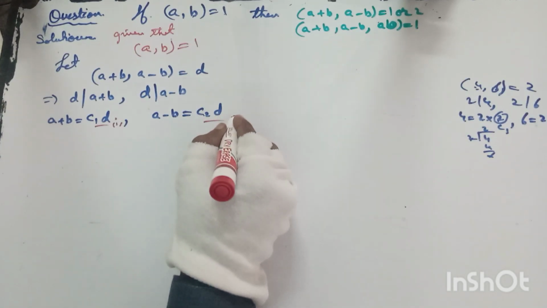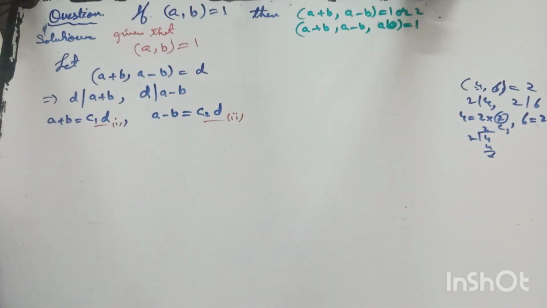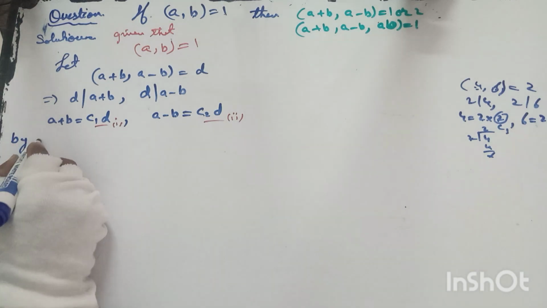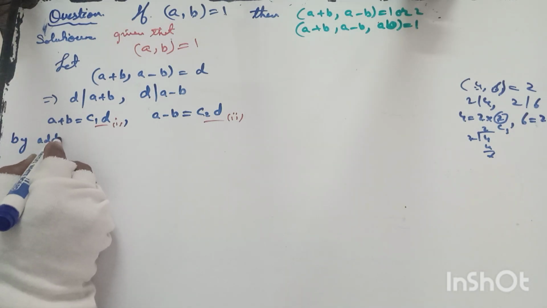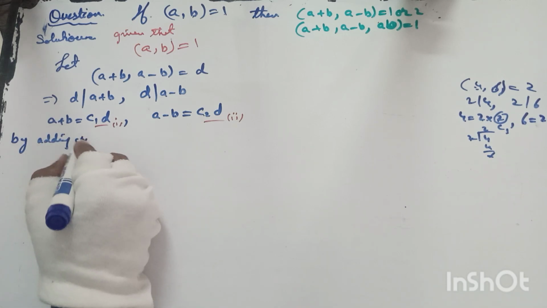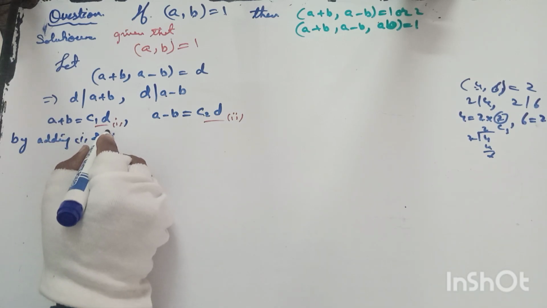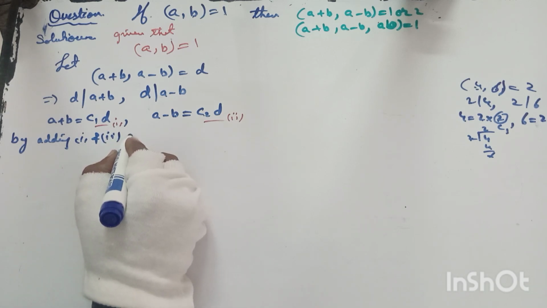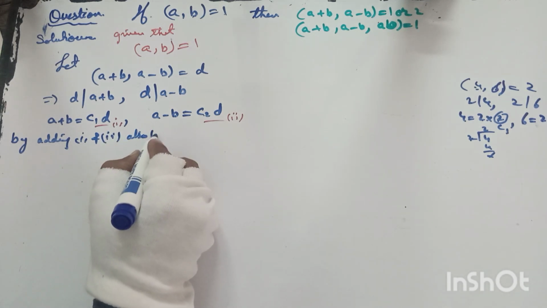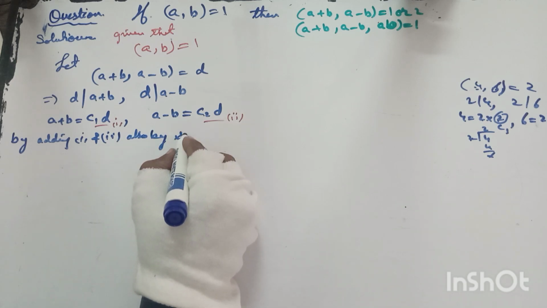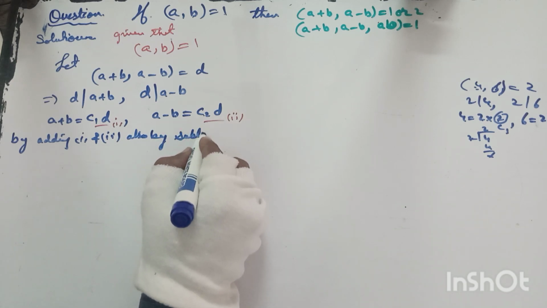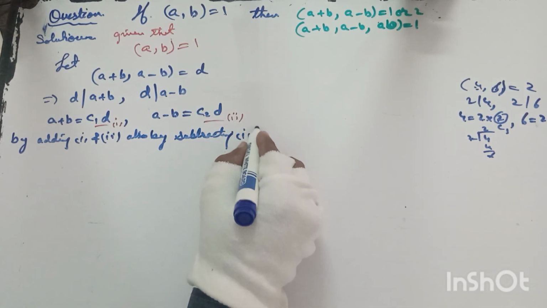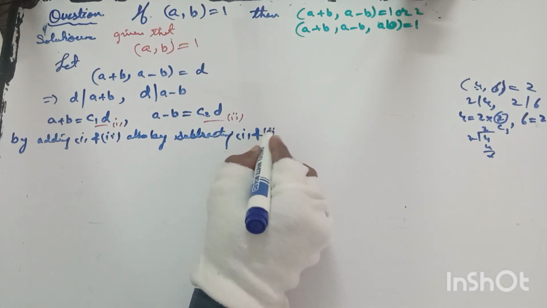Give this equation number 1 and this equation number 2. So by adding 1 and 2, and also by subtracting 1 and 2.